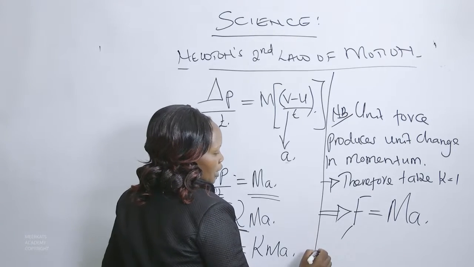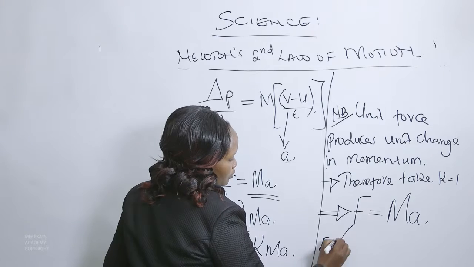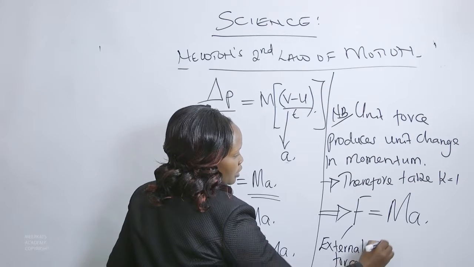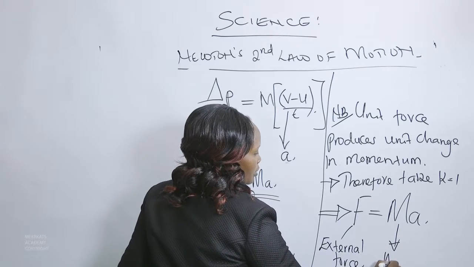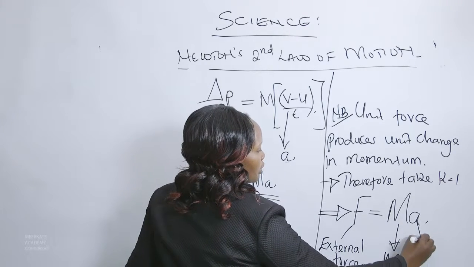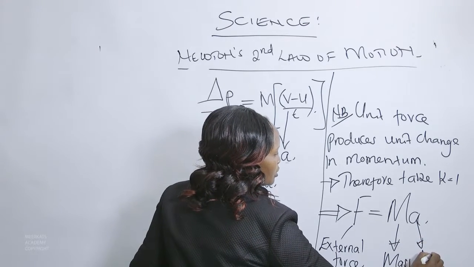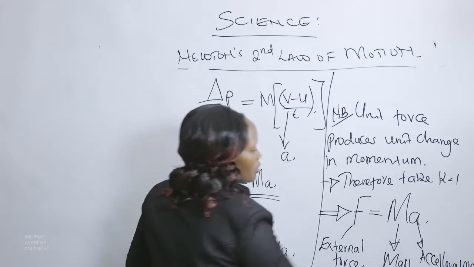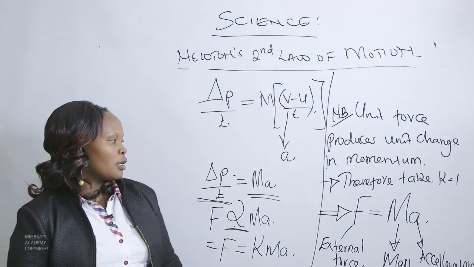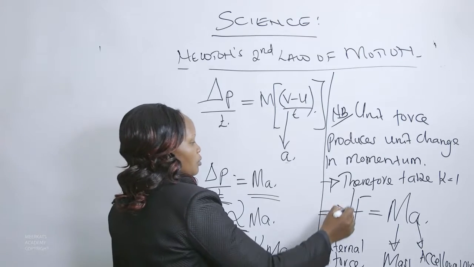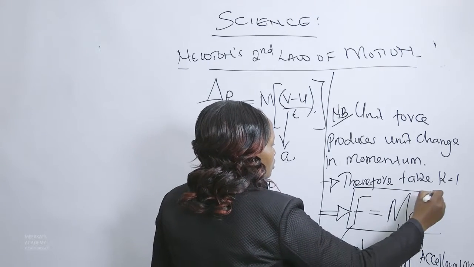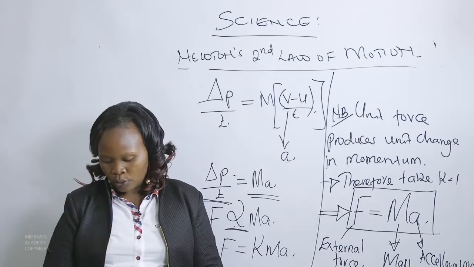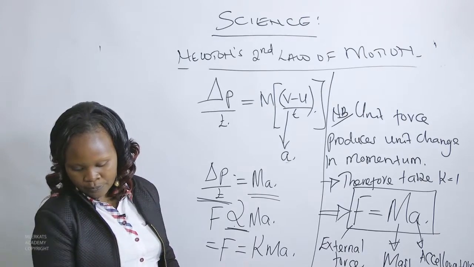Now, F is the external force, m is the mass, and a is the acceleration. Therefore, this equation in itself represents our second law of motion.